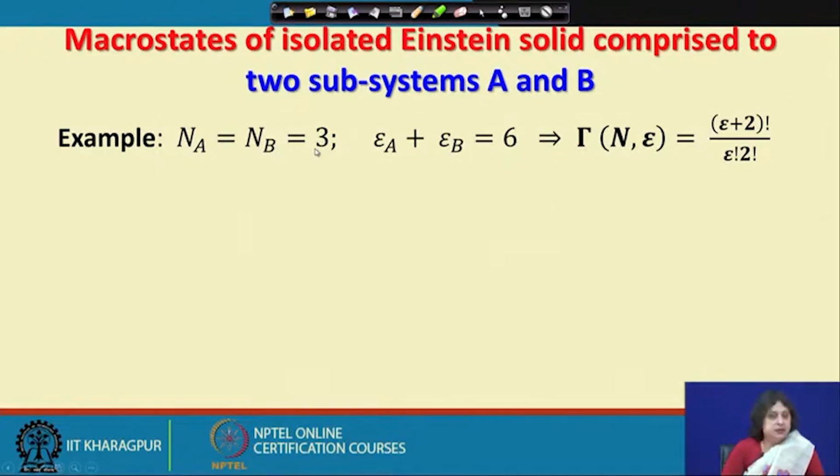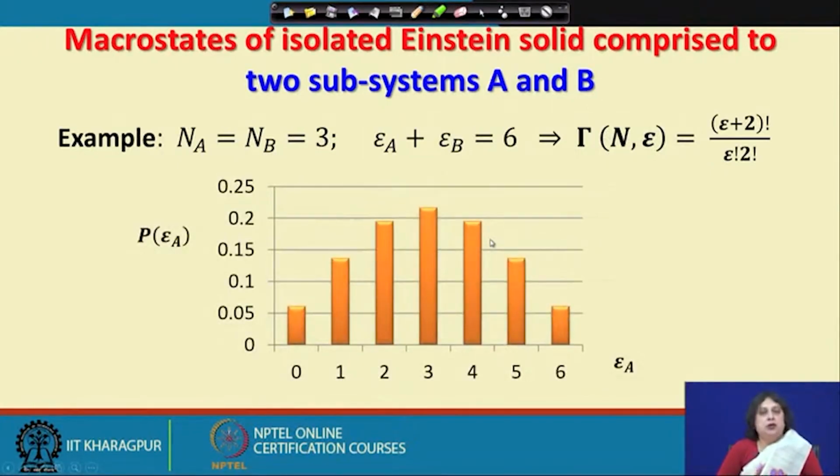So, it is a system of 6 simple harmonic oscillators distributed equally on the two sides, 3 each, and the total energy in this Einstein solid is 6 quanta. So, epsilon A plus epsilon B is equal to 6, and depending on the values of n and epsilon, I can find out gamma.